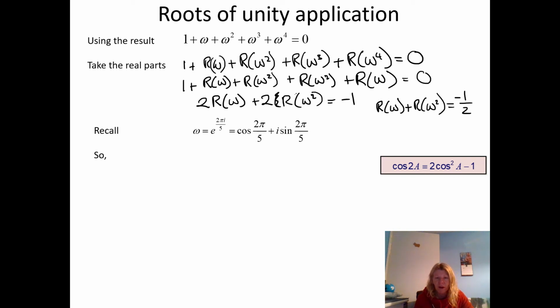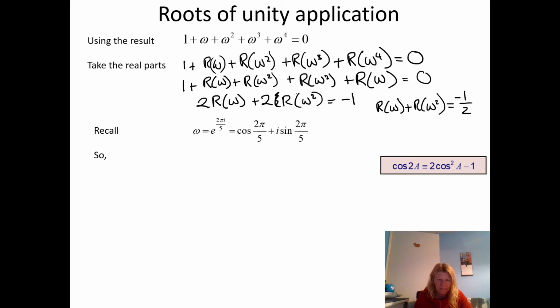Now you might recall exponential form can be written as polar form. So omega, which we were given in the question, is e to the 2 pi i over 5.